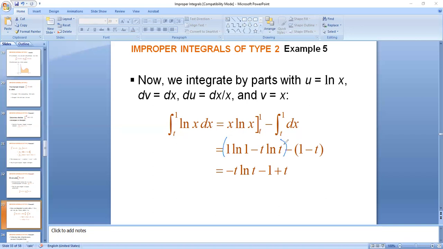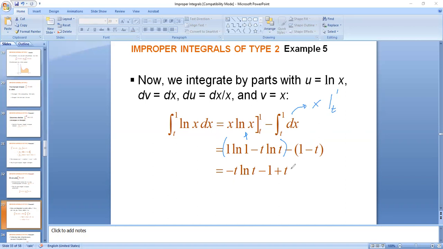These two terms are the answer for this part. Whereas if this is integrated, this would simply be x. So you substitute 1 for the upper limit and t for the lower limit for your x.